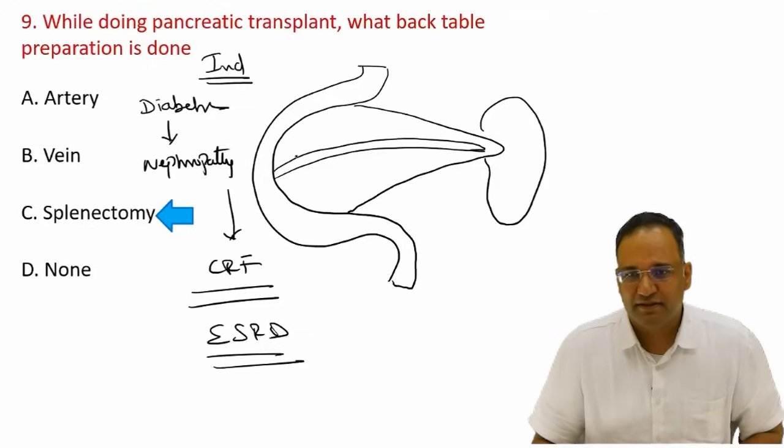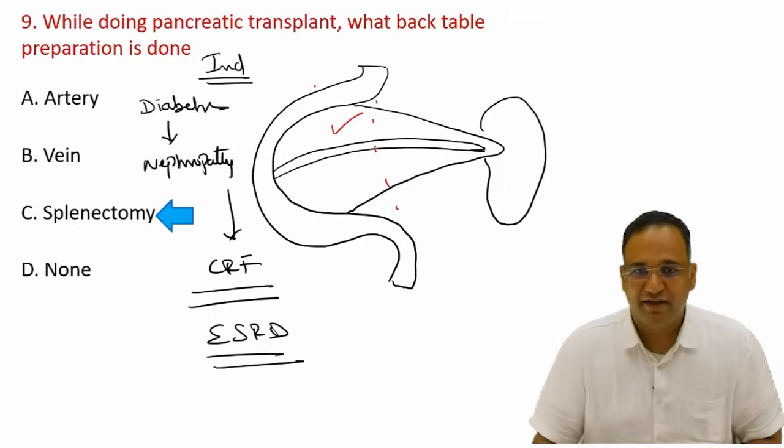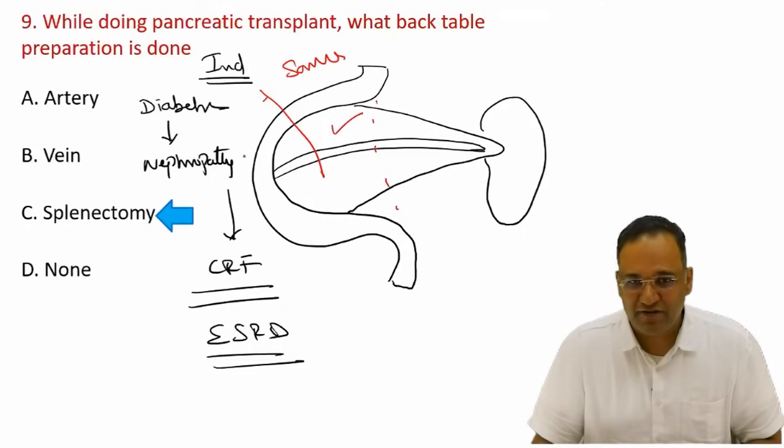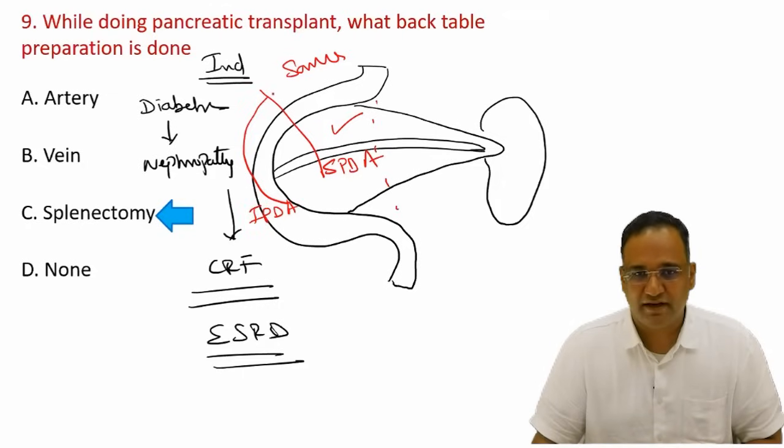Now, what you need to understand here is the blood supply of the pancreas, especially the head of pancreas, and the blood supply of the C loop of duodenum is the same. It is supplied by the superior and the inferior pancreaticoduodenal artery. Is it clear?